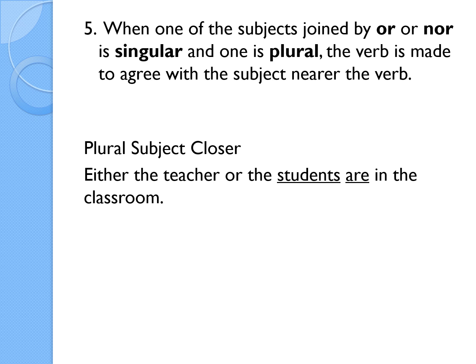So in this rule, are is used because the subject, the students, is nearer the verb are. So it's clear that the subject nearer the verb must be followed in terms of the number of the verb. Because students as a subject is plural, the verb are is used because it's the plural form of the verb.